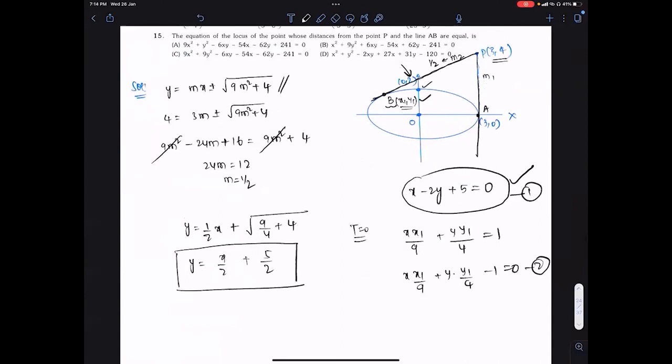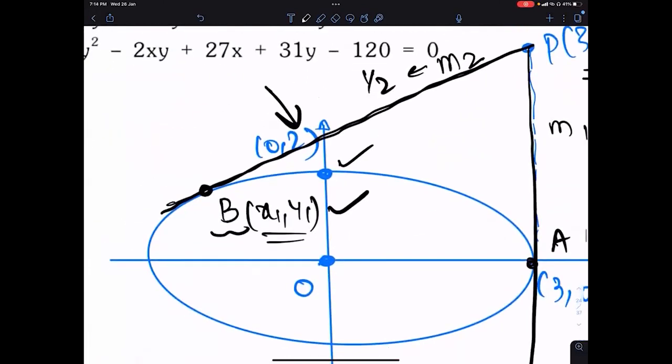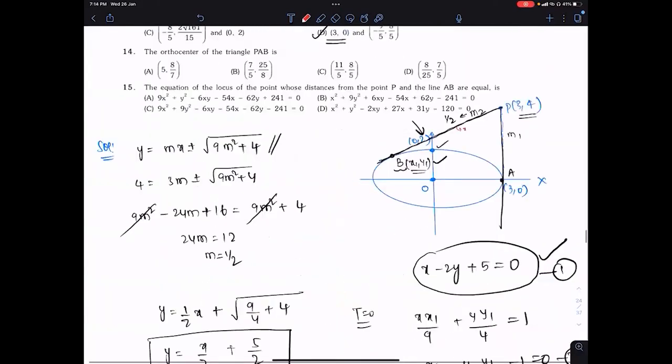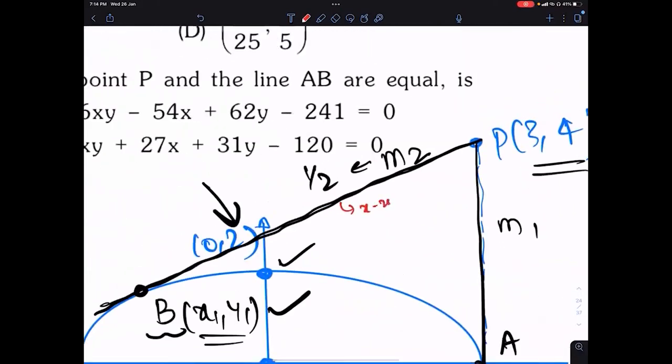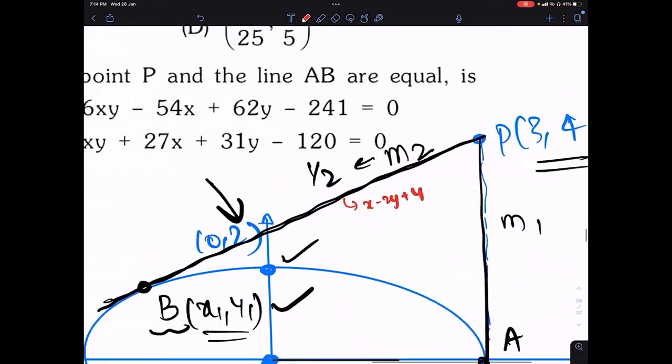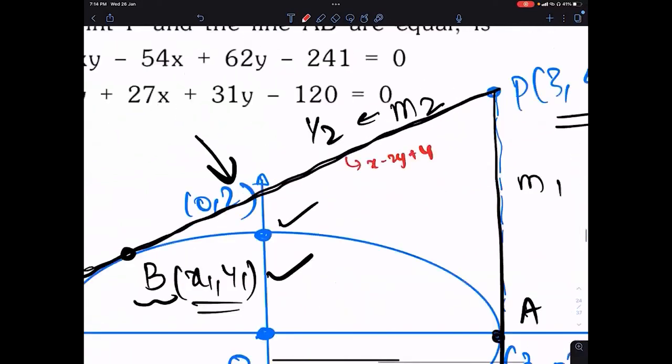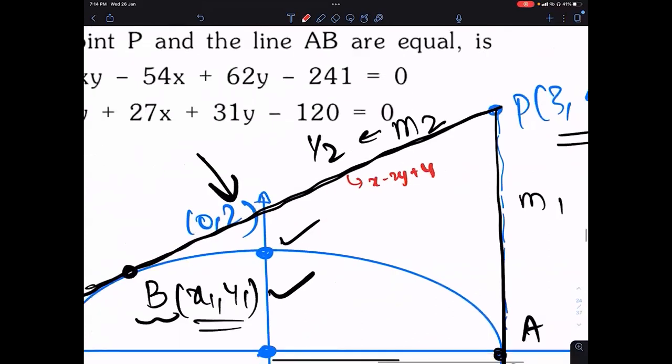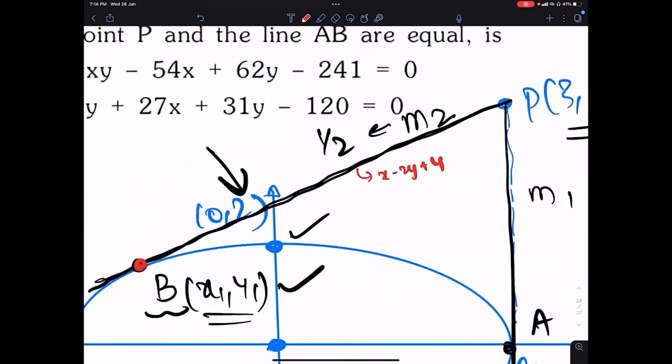I'll just tell you what we have done. See, two statements. If the tangent x minus 2y plus 5 is touching the ellipse at a point B, x1, y1, that means the equation of the tangent to the ellipse at B must be x minus 2y plus 5.